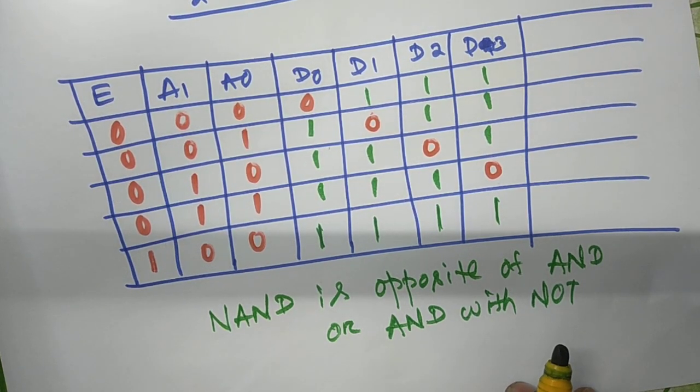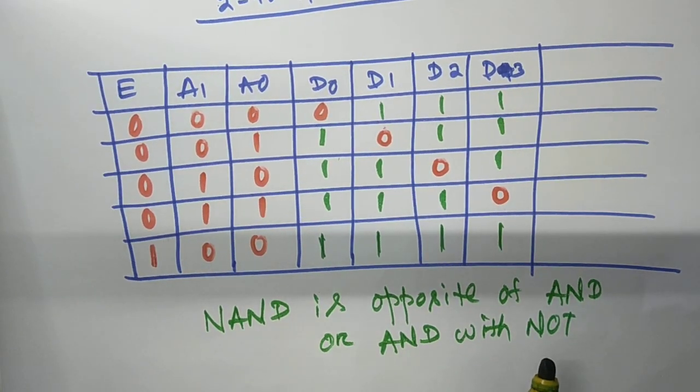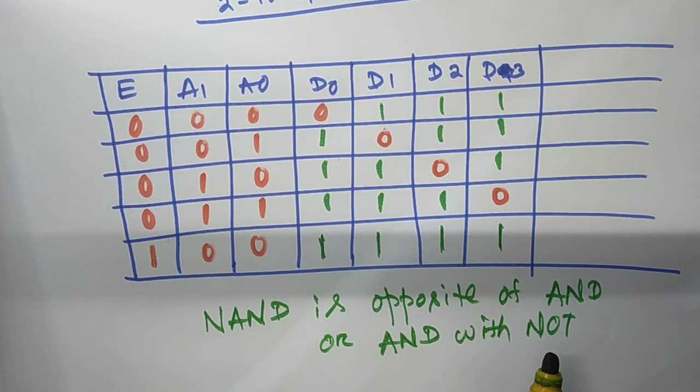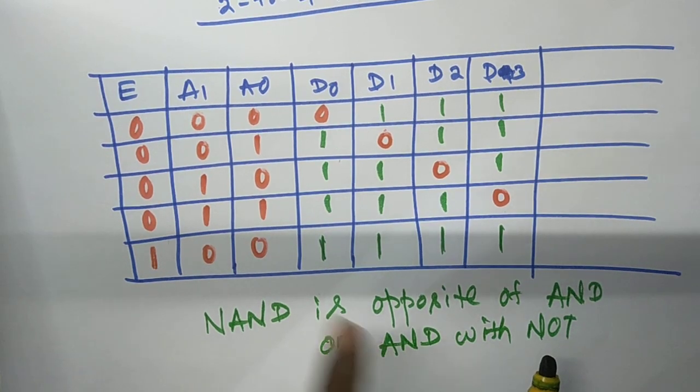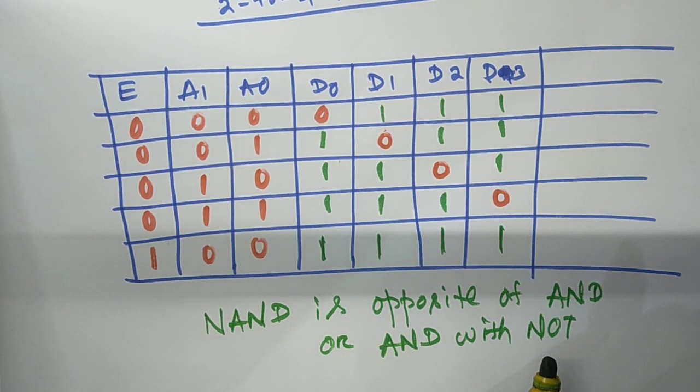We can define it in different ways. That means whatever the AND gate, if we apply NOT logic to the AND, we get a NAND. This is the basic concept regarding the NAND decoder.